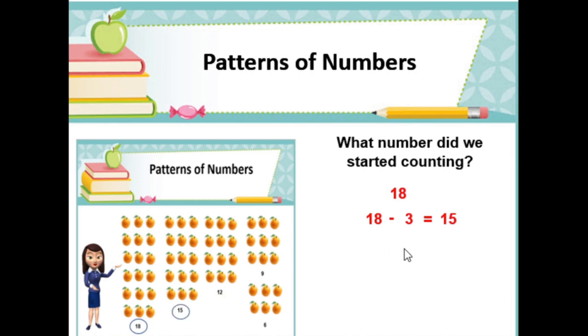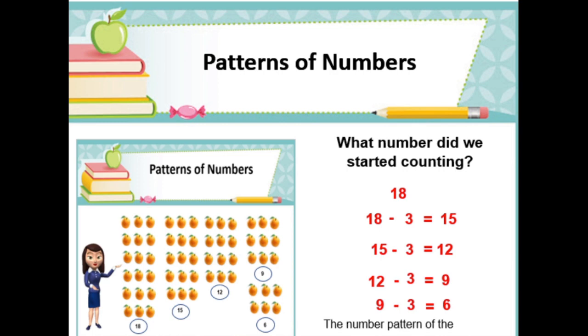So 15 minus 3 equals 12. And then 12 minus 3 equals 9, until we have 9 minus 3 equals 6, and finally we have 6.